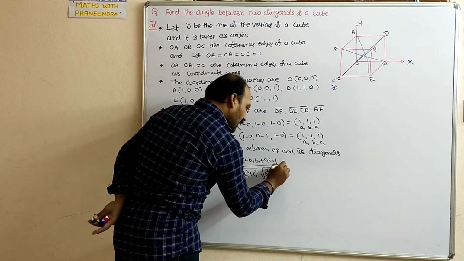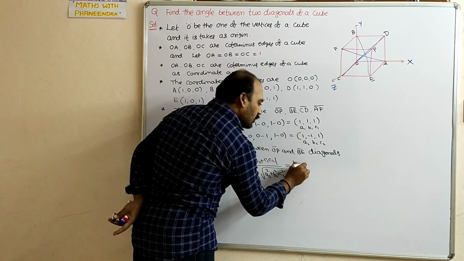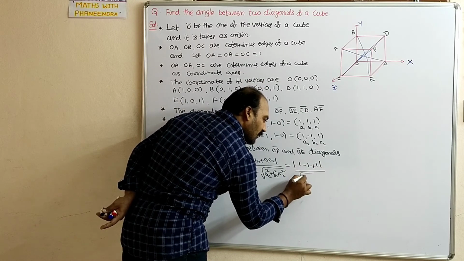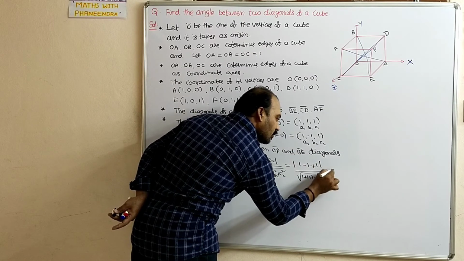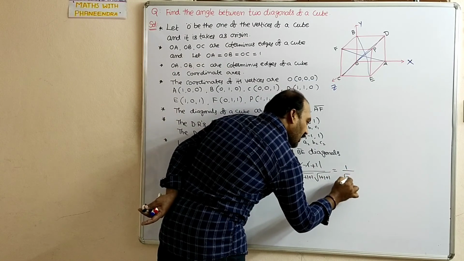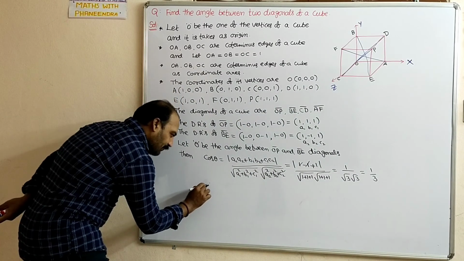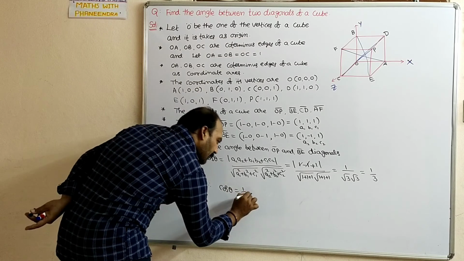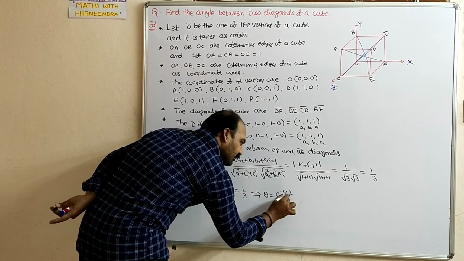Now substitute the respective values: 1 into 1, 1 into minus 1, 1 into 1, divided by root of 1 square plus 1 square plus 1 square, into root of 1 square plus minus 1 whole square plus 1 square. So plus 1 minus 1 get cancelled. So 1 by square root of 3 into square root of 3, which is equal to 1 by 3. Therefore, cos theta equals 1 by 3, that implies theta equals cos inverse of 1 by 3.